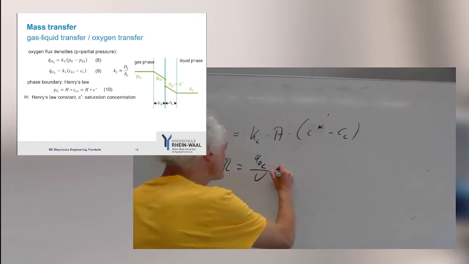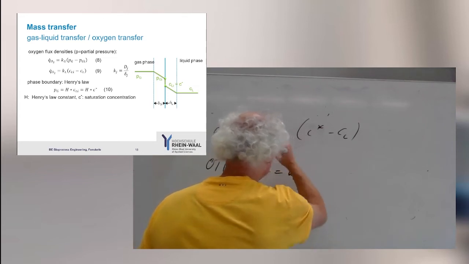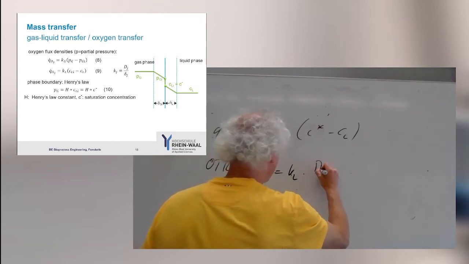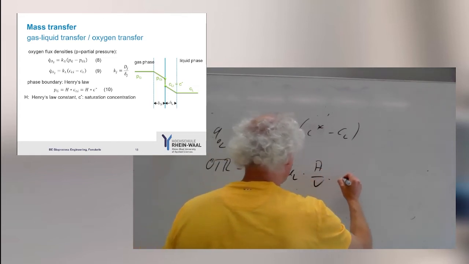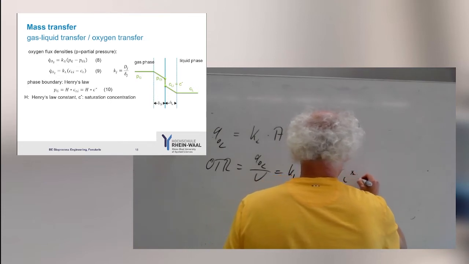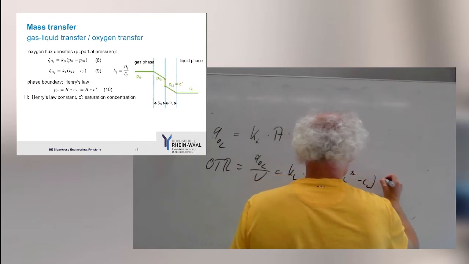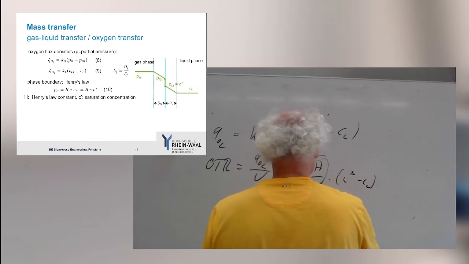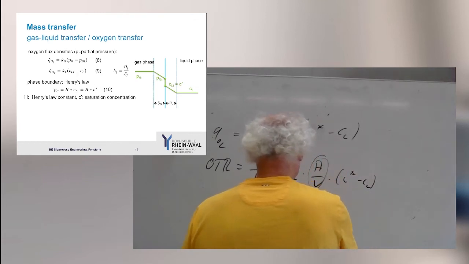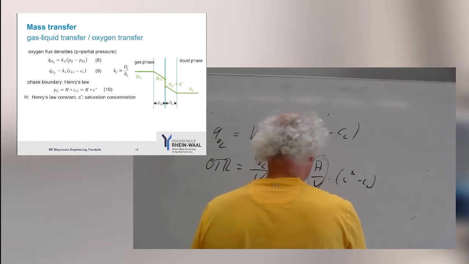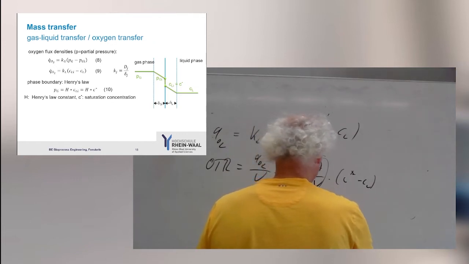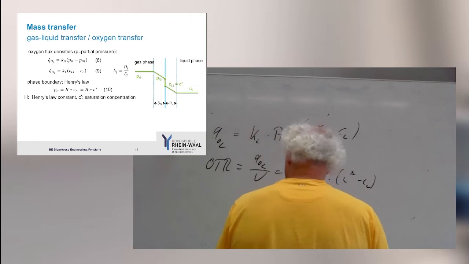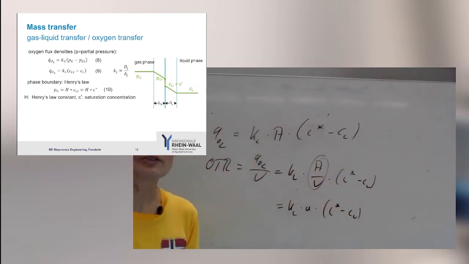And this is equal to KL, I'm just copying, times A divided by the volume, times C star minus C_L. And then I just write this A divided by the volume as my little a, KLa, times C star minus C_L. So this is my oxygen transfer rate.